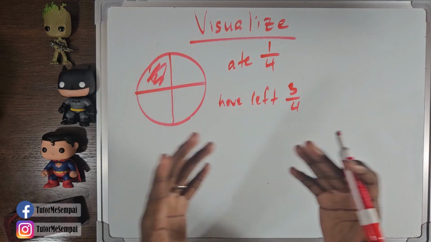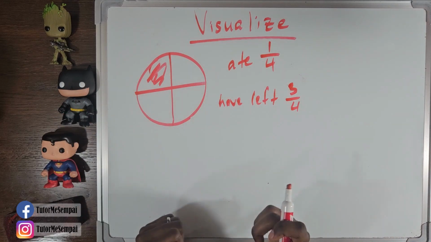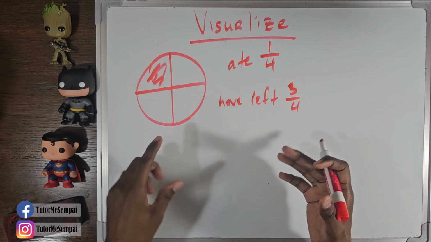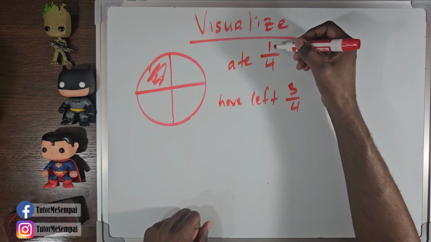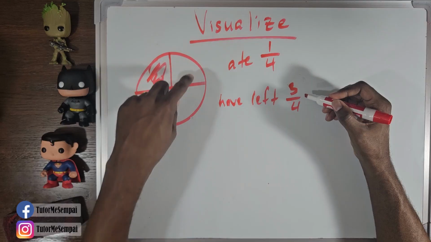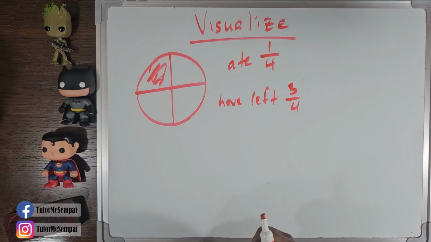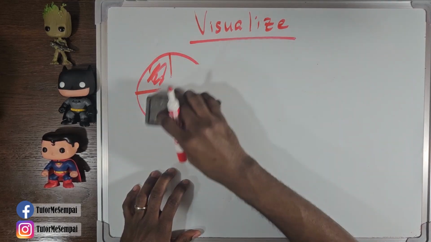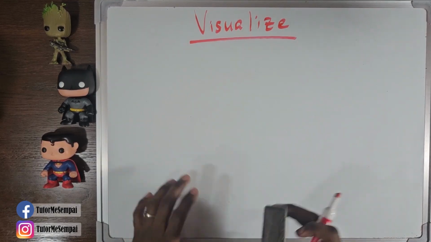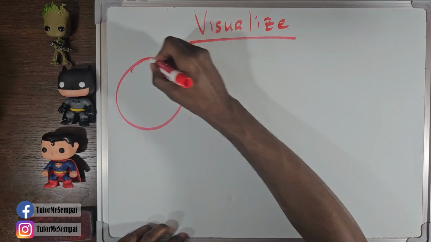This is how you would visualize your proper fractions using pizza here. This kind of makes sense because there's 4 slices. I ate one of them, hence my numerator. I have 4 slices, there's 3 left, hence my numerator. The same thing is going to be true for your improper fraction. So let's say I was a bit hungrier. So there's more pizzas. Instead of just a 1, I have a couple of these pizzas.